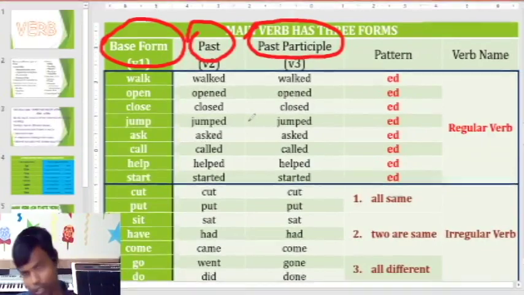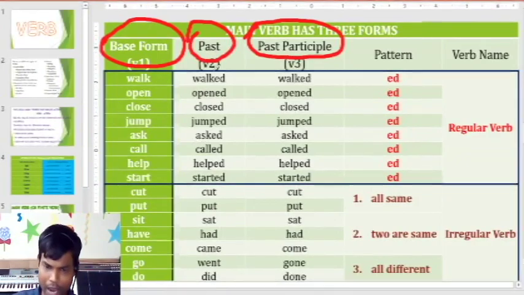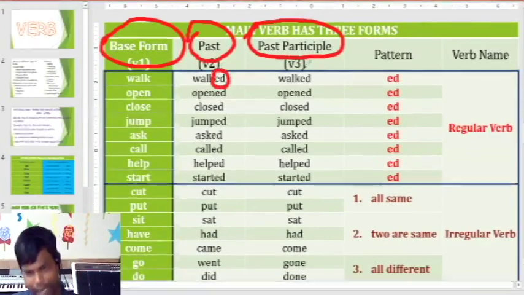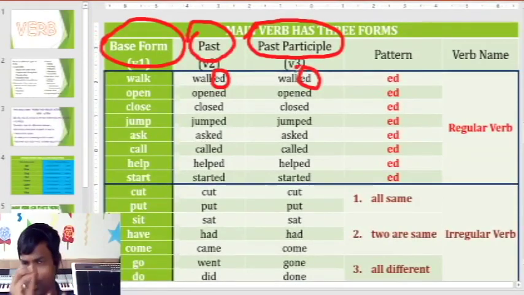Now take one action word, one verb, walk. Base form. And its past is walked. How did you make past? By adding ed. Past participle, again, there is no change. You just add ed and you get both the forms, past and past participle. Both are available.